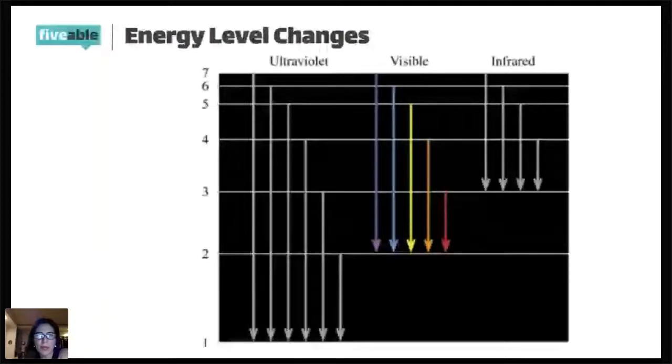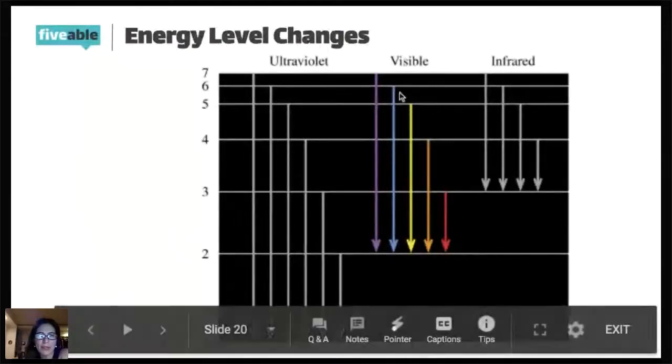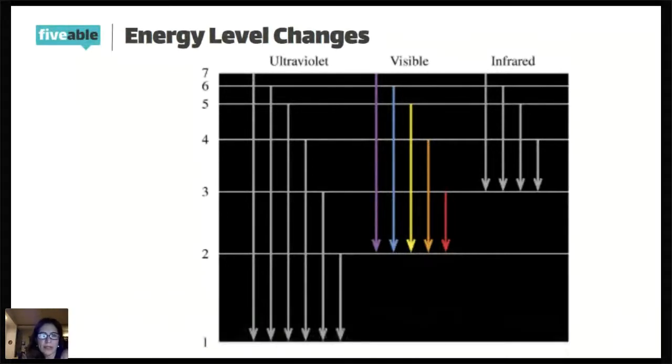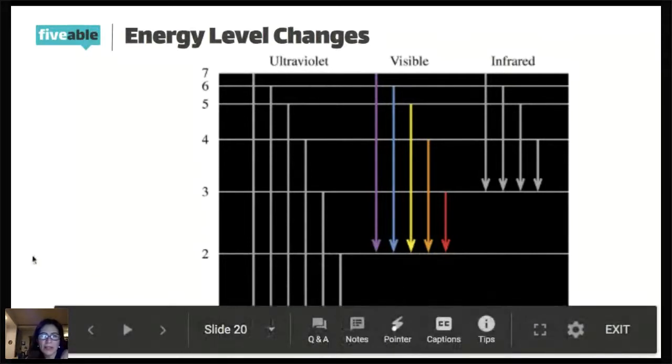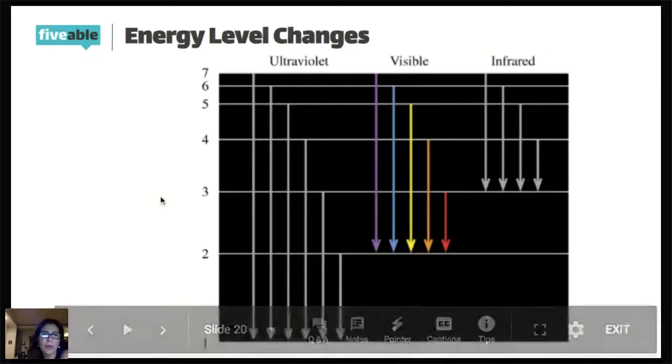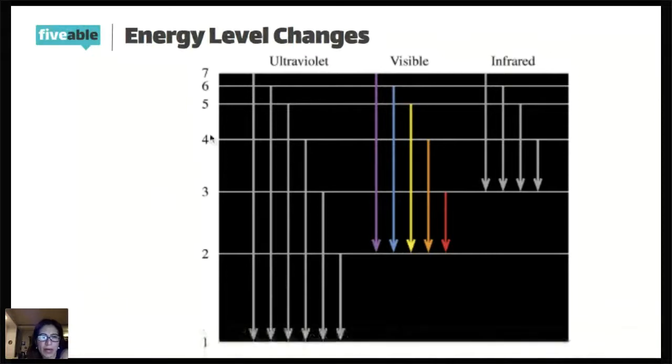And in the same way, if it jumps back down from the 6th to the 2nd energy level, a blue color, from the 5th to the 2nd, the yellow, from the 4th to the 2nd, an orange, and from the 3rd to the 2nd, a red. Now, if the electron jumps down to the 1st energy level, we won't be able to see it with our eyes because it's in the range of ultraviolet radiation.